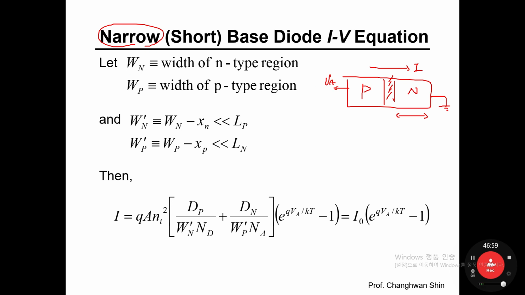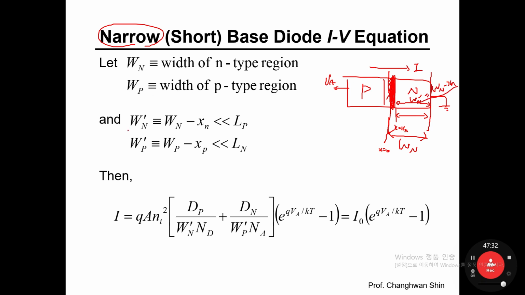Here, the width of the N region is defined as Wn. But there is a depletion layer included in the N side, right? So this is x of 0, this is x of xn. So the quasi-neutral region of the N side is defined as Wn prime, and that is defined as Wn minus xn.